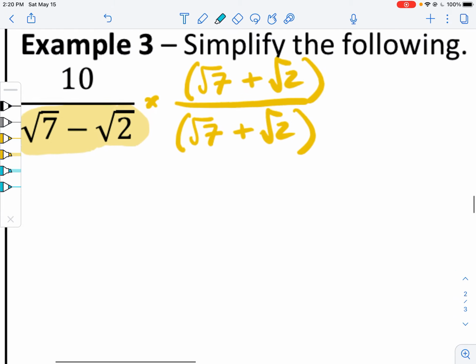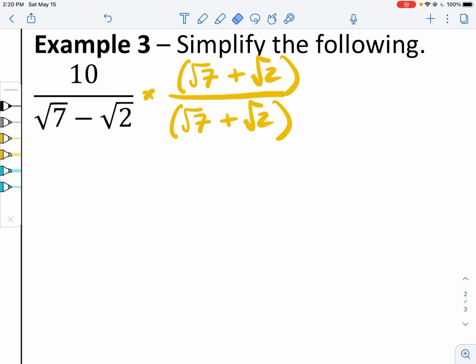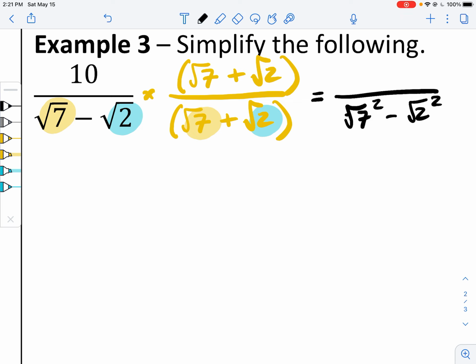That's going to help us up here because look at it, guys. We've got our difference of squares. So on the bottom, that's just going to give us the square root of 7 squared minus the square root of 2 squared. And then on top, we've got 10 times rad 7 plus rad 2.